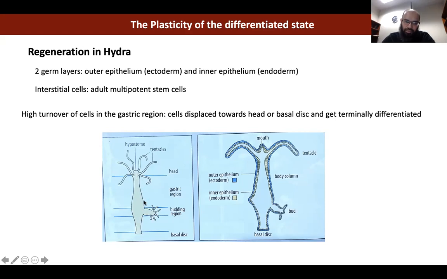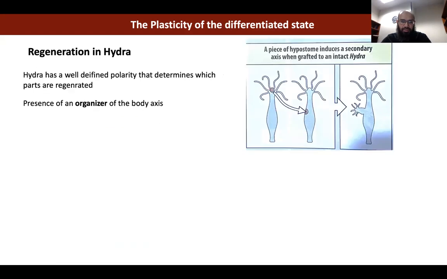This tissue supersedes the inhibitory signal, and then the head grows here. So there is anteroposterior polarity, and then there is this concept of the organizer. You can induce a secondary axis here, and if you take out cells from here and put them here, it will grow into another head.